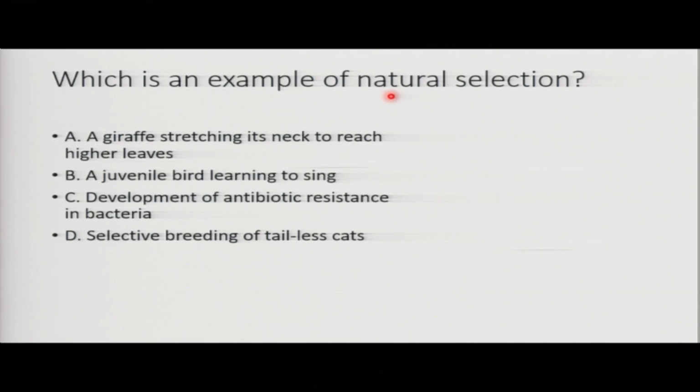So when we look at development of antibiotic resistance in bacteria, now the question is the natural environment that has been created. How is it playing its role in creating new strains of bacteria? So that when we head into C, then it really adds up.